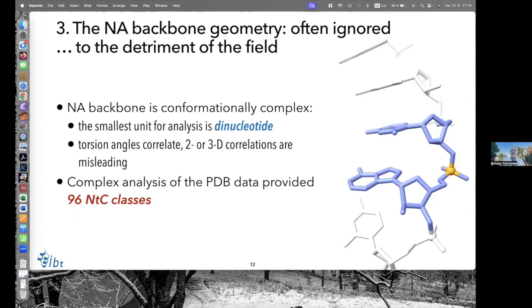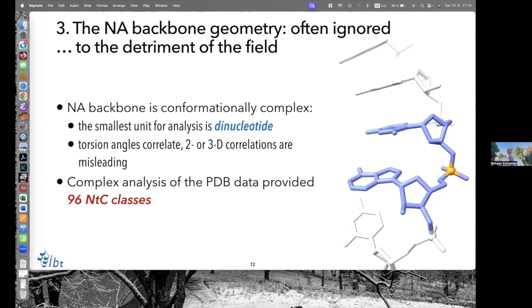The third issue, or the third point of view, is nucleic acid backbone geometry. Again, geometry, I have to change it to conformation. This is a feature that is often ignored with remarks like, you know, the backbone will always somehow adapt to the conformation.